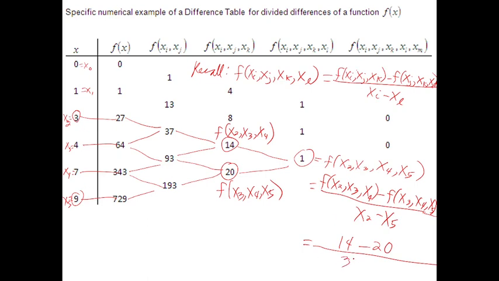We have 3 minus 9. Okay? 14 minus 20 is negative 6, right? 14 minus 20 is negative 6 over negative 6. That is 1. That's why we get 1. Okay? That's it. So we now proceed.